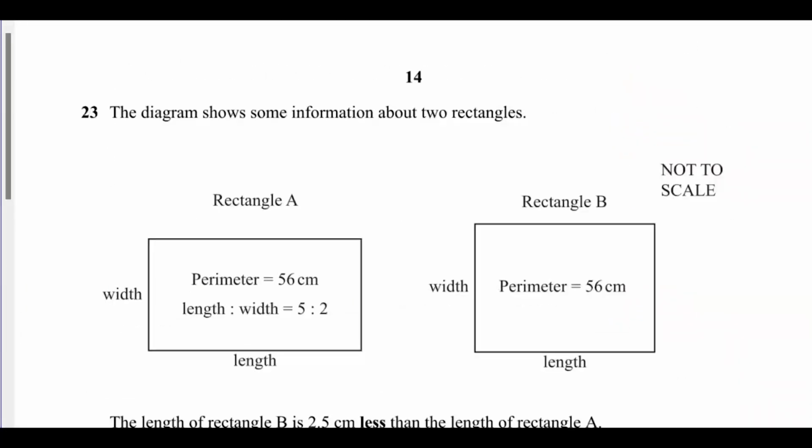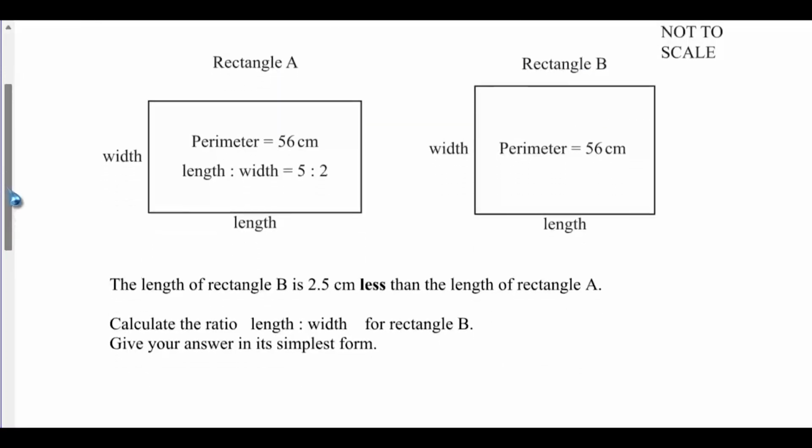That will be question 23. The diagram shows some information about 2 rectangles: rectangle A with the given dimensions, rectangle B with the given dimensions.